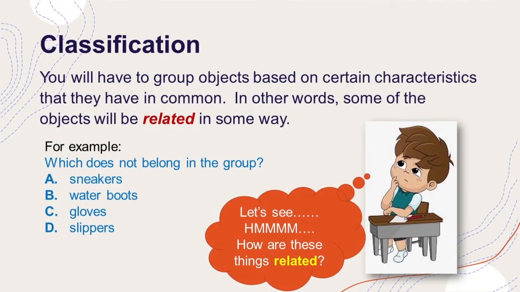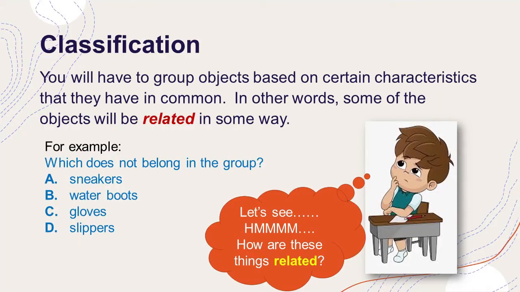Is it A, sneakers, B, water boots, C, gloves, or D, slippers? Now, let's think. How are these things all related? Sneakers, water boots, gloves, and slippers. How are they related?